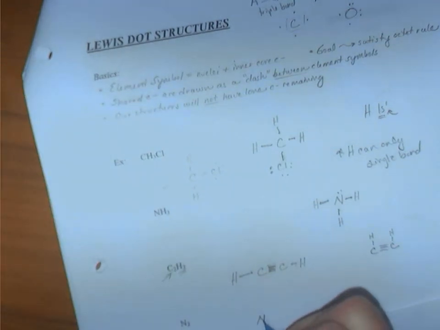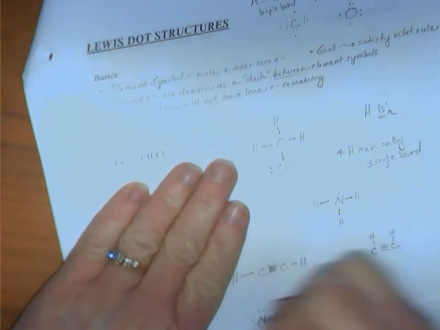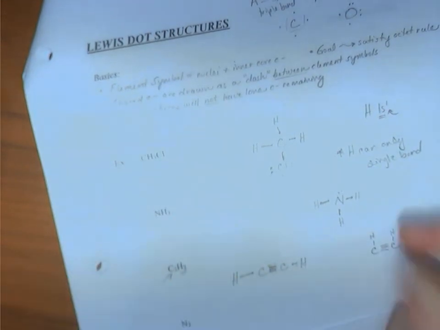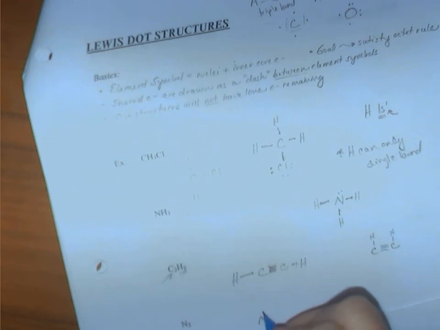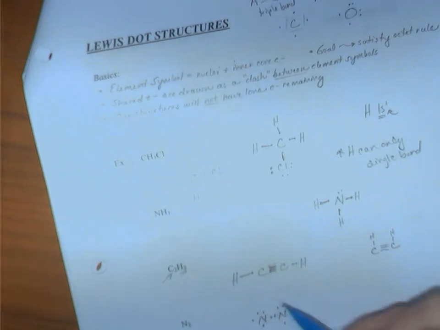Nitrogen comes in with 5. So each needs 3 more. Oh, I should have drawn that a little bit better. All right. Now, I know that some teachers you may have had before draw the electrons in each element a little differently.